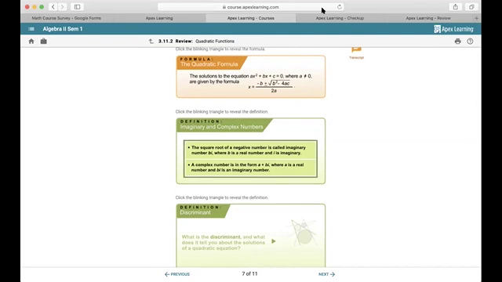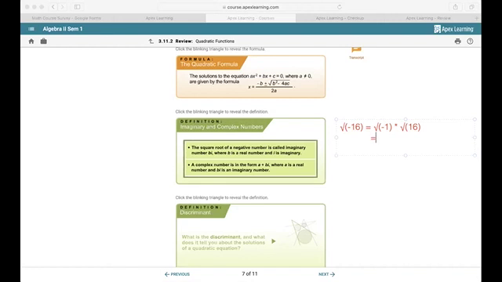So let me give you an example here just real quickly. If I'm taking the square root of negative 16, that's like saying I have the square root of negative 1 multiplied by the square root of 16.